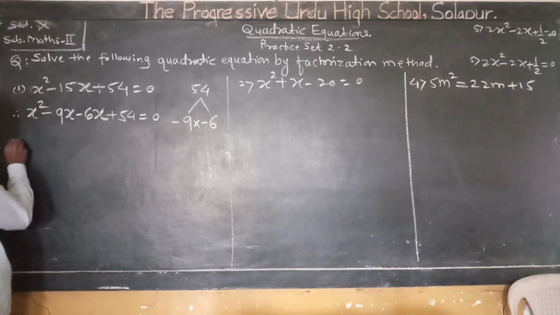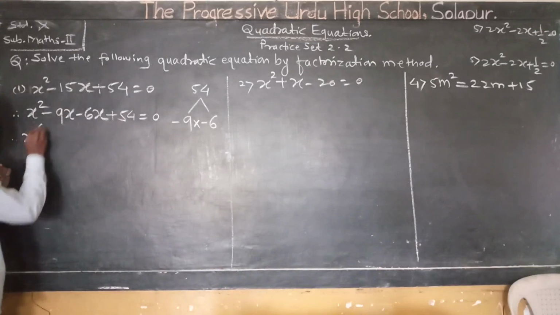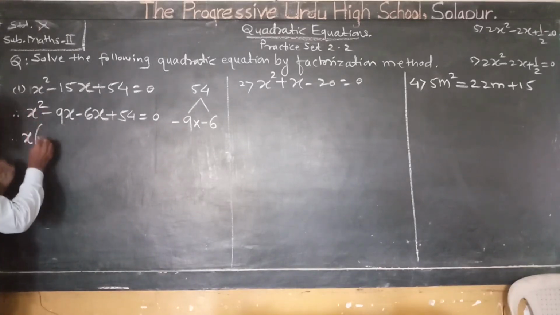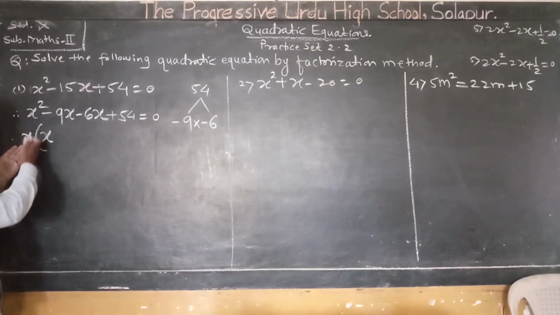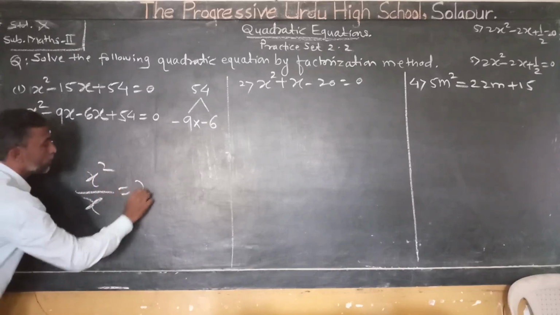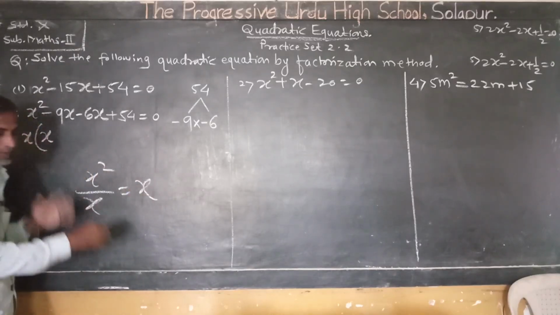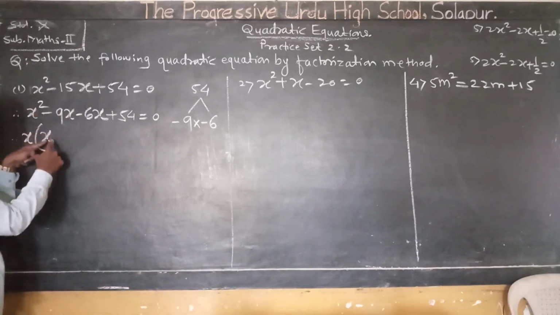Now, take x common. Here x will remain. To take common means to divide each term by the common term. x square upon x is equal to x, so x will remain.